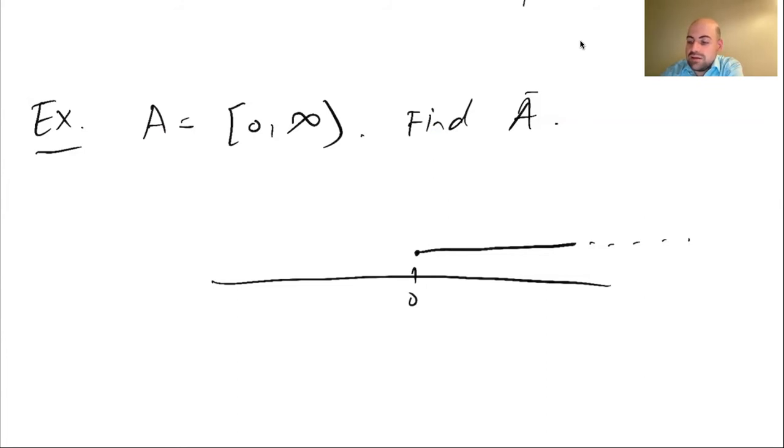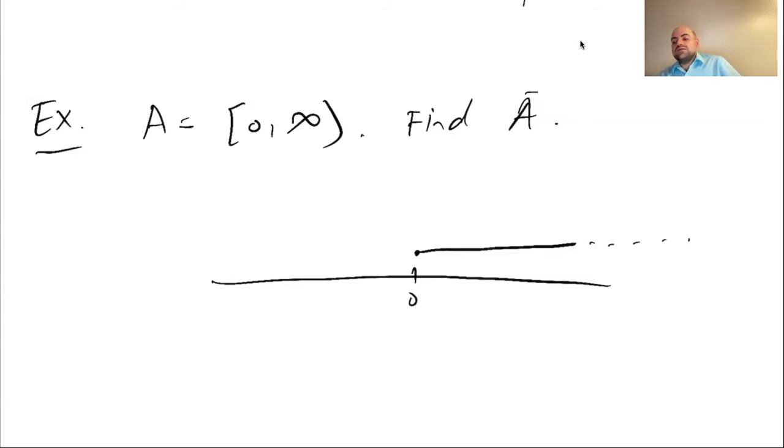Which elements are not in A? From the real line, you can see it, right? Anything less than 0 will not be in A. What about 0 itself? Well, because 0 itself is in A, we should not include 0 in A complement.